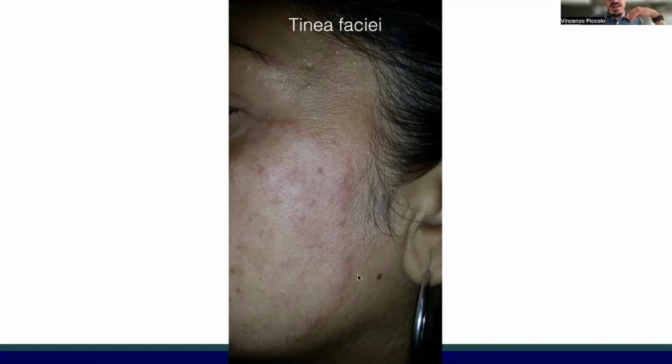These annular lesions with a border of progression may be very useful for the diagnosis, then confirmed by microscopic examination, then culture. In this patient, oral terbinafine or griseofulvin may be indicated to fully treat this particular form of infection.